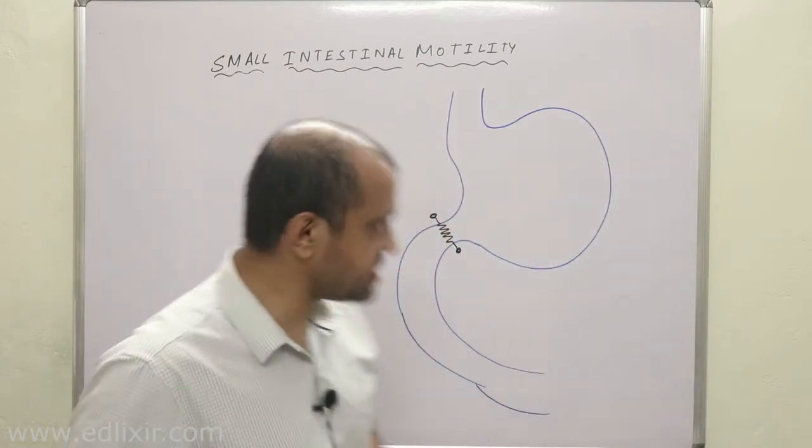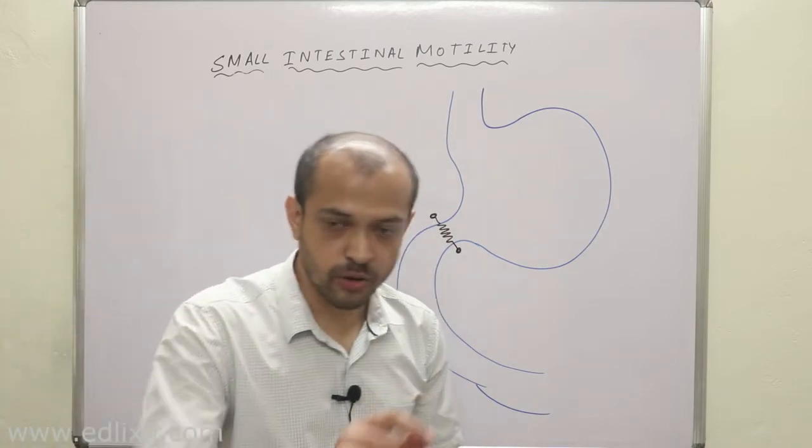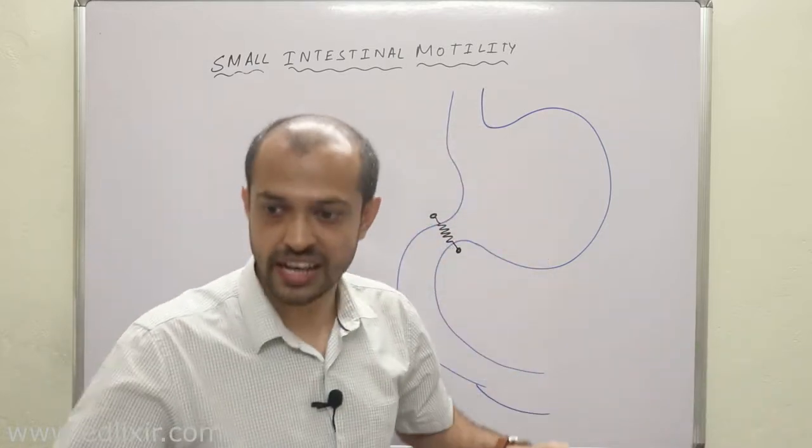If food is present, the motility pattern of the small intestine changes, and if food is absent, the motility pattern is also different.